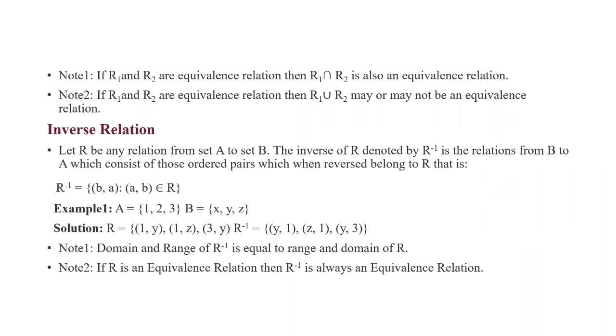So after this equivalence relation, you have to remember two things. First, if R1 and R2 are equivalence relations, then their intersection, R1 intersection R2, is also an equivalence relation. The second thing, if R1 and R2 are equivalence relations, then R1 union R2 may or may not be an equivalence relation.